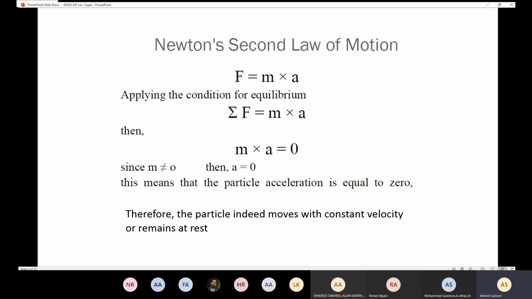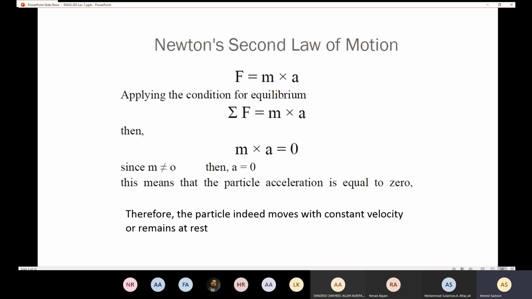And in order to understand it a little bit more, we have Newton's second law of motion. If you have a body or a particle which is moving, the force acting on that particle is going to equal its mass multiplied by its acceleration. And if I have more than one force, the summation of the forces equals the mass multiplied by the acceleration.